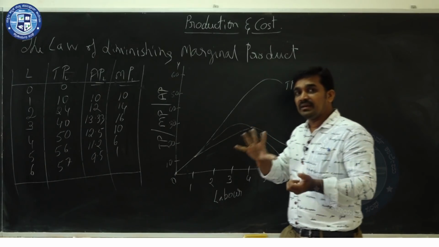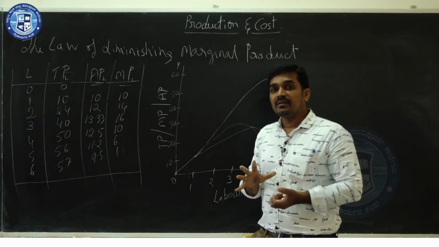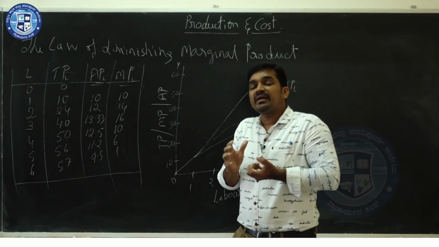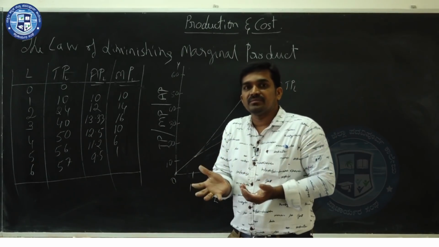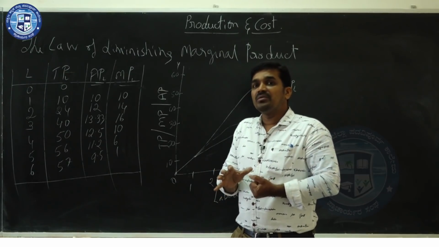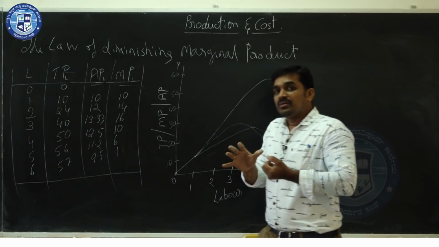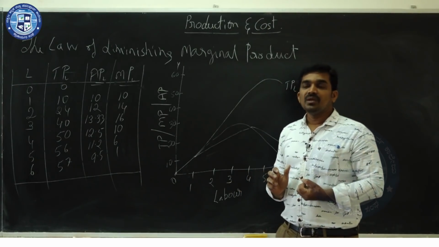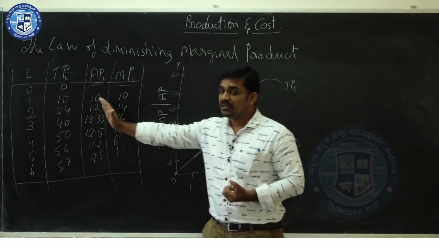After a certain point, the variable factor becomes too crowded. Now marginal product starts falling.